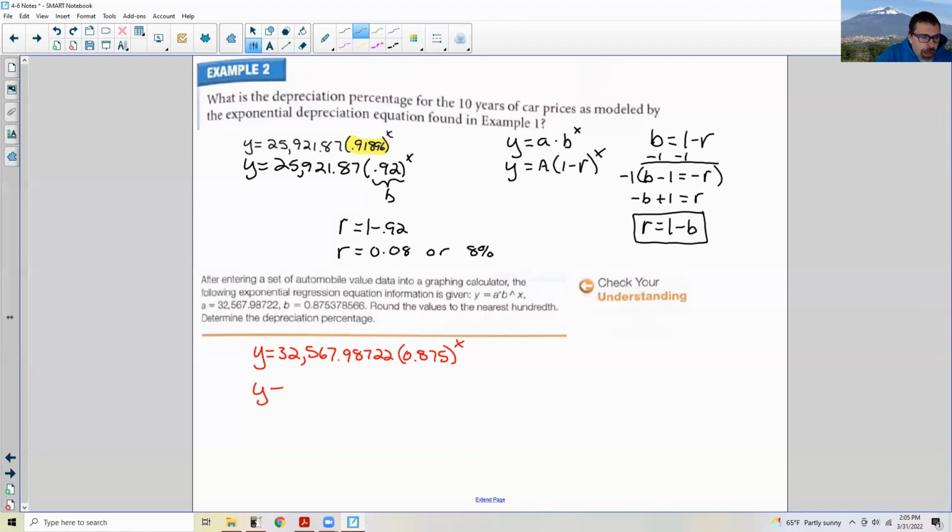So I'm going to say y equals 32,567.99, because that 7 is greater than 5, times 0.88 to the x. So since r equals 1 minus b, we're going to get r equals 1 minus 0.88, or r equals 12%.